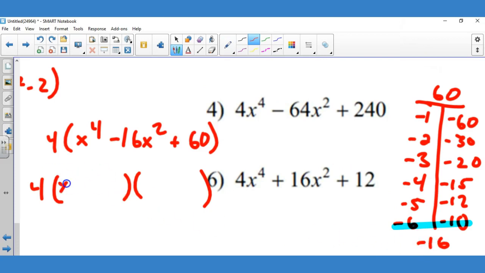So my factors are x to the 4th, and I'm sorry, x to the 4th. To make x to the 4th, you need x squared and x squared. So -6 and -10.